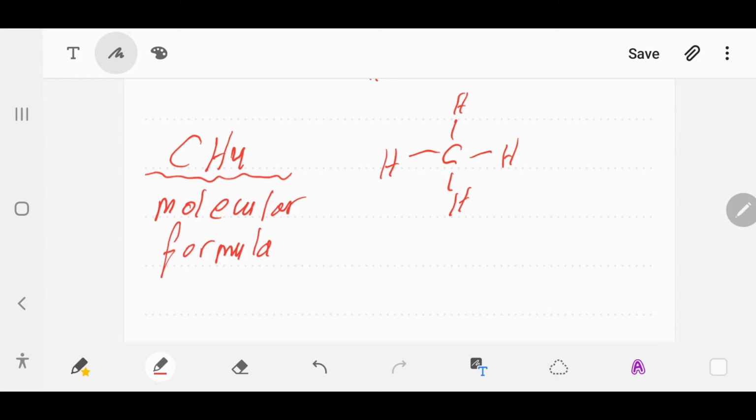And here, this one is called the structural formula.